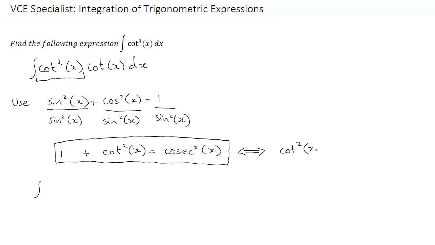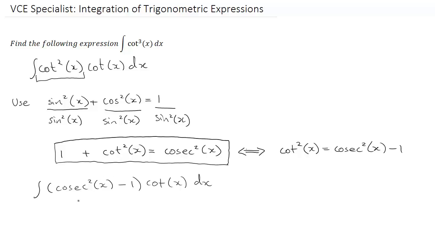An expression for cot squared x is cosec squared x minus 1, just moving the 1 over to the other side. So I'm going to replace cot squared x with cosec squared x minus 1, times cot.